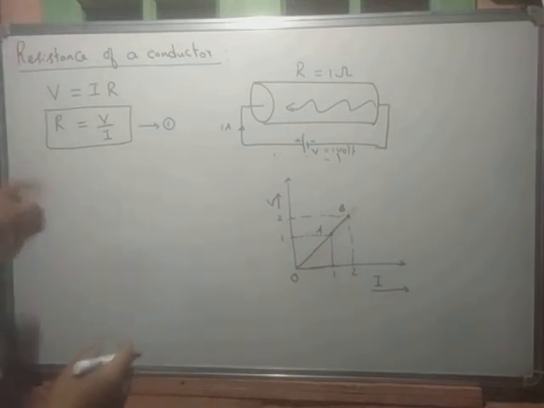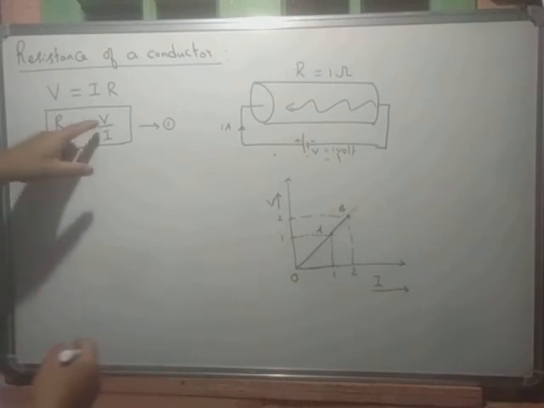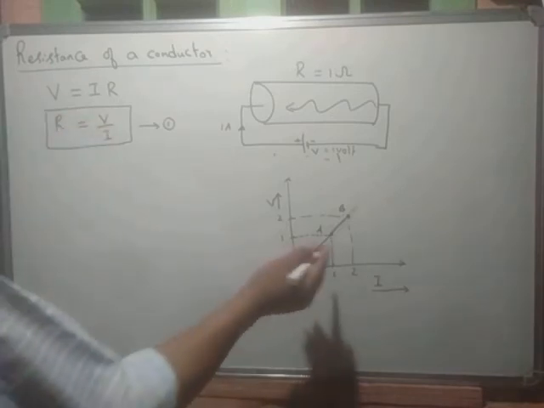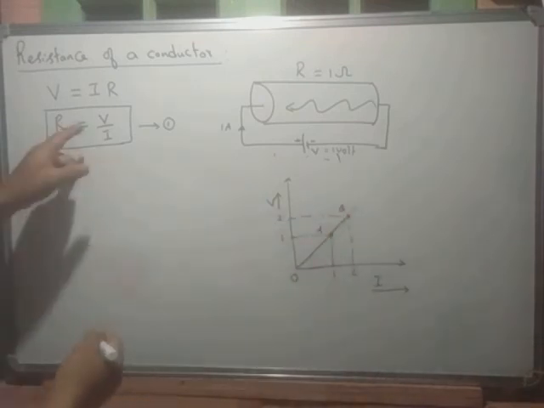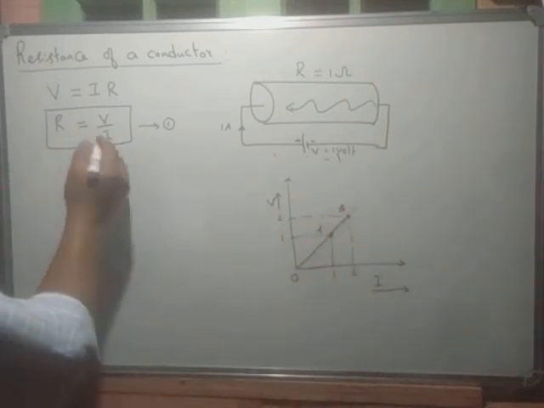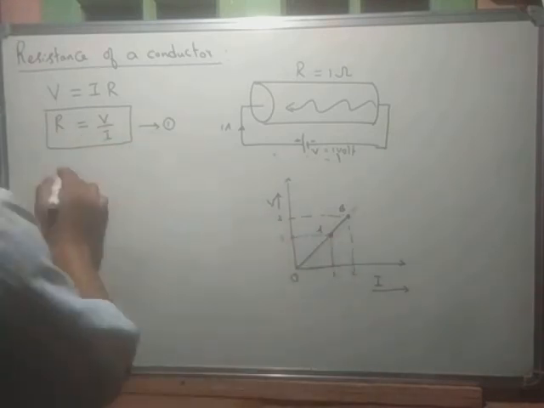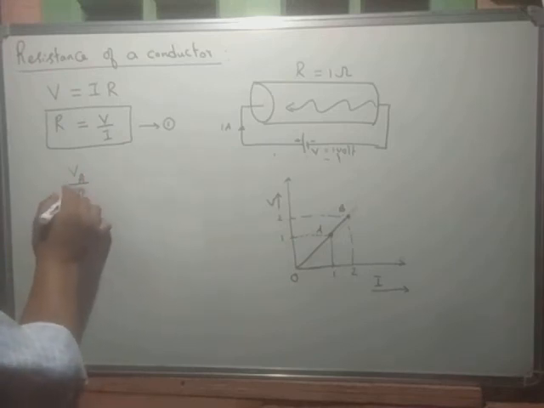So when you find out the resistance from this graph, because from the equation R is equal to V upon I, the resistance of the conductor at this point and this point is the same, which means the ratio between the potential difference and current at point A is VA upon IA.